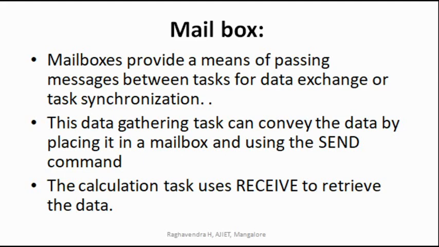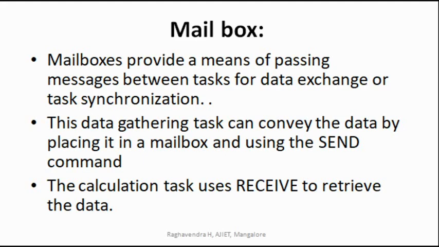So it will think that you have pressed the 3 a second time. That should not happen. That's why there should be synchronization between the gathering task and the retrieving, or receiving, calculation task, okay? So the tasks need to be synchronized so that only new data is operated on by the calculation task.